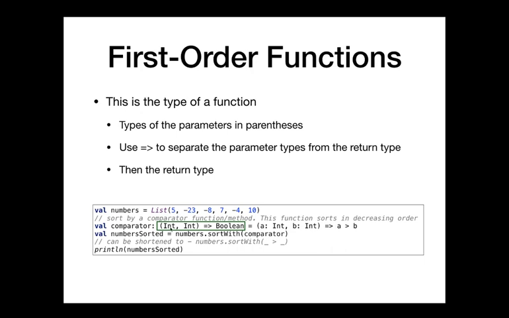So this variable comparator can store a function that takes 2 ints and returns a Boolean, and we're going to use that same arrow syntax that we used when we actually created the function itself. So we created a function and assigned it to some variable of a type matching that function, and then the sortWith method is expecting a function that takes 2 ints and returns a Boolean.